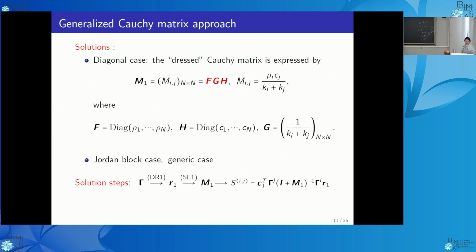And for the other cases, they also derive the solutions. The solution steps are concluded here. From gamma, we use the dispersion relation to get R, and then using the Sylvester equation, we get M, and substituting them into Sij, we get the solutions of the integrable systems.